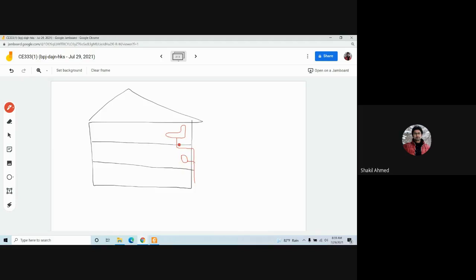Now the water is supposed to flow in this direction, but sometimes, because of clogging and other issues, the water may flow backward. And what would happen? Do you want this?